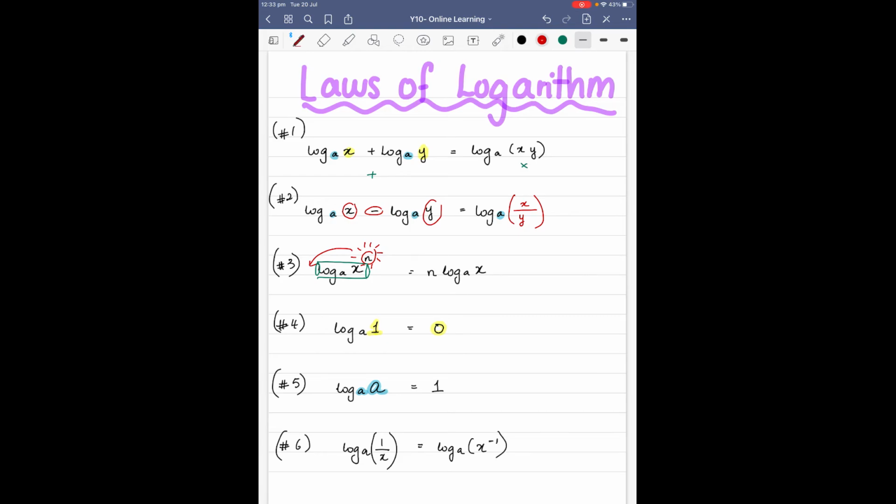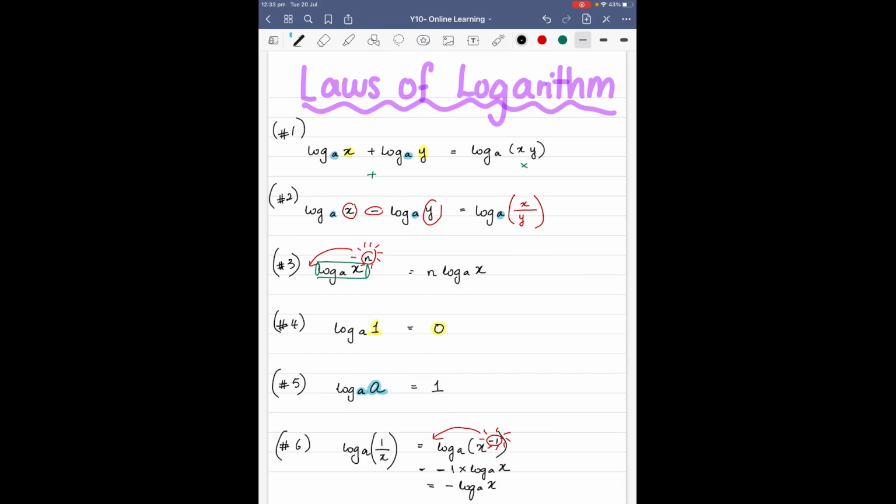Anytime you see a power, it is like a sun, and from rule number 3, the sun sets back down. It becomes minus 1 times log a x. But minus 1 is technically invisible, so it will be minus log a x. And there are your 6 rules.